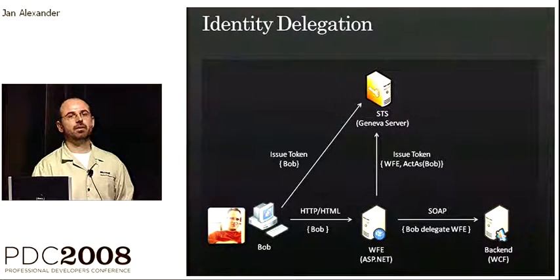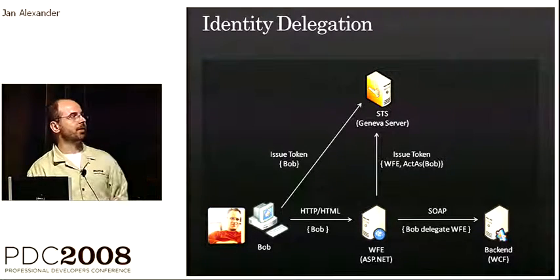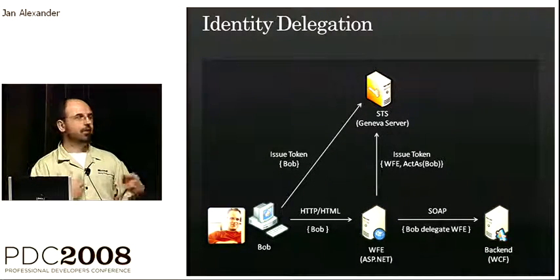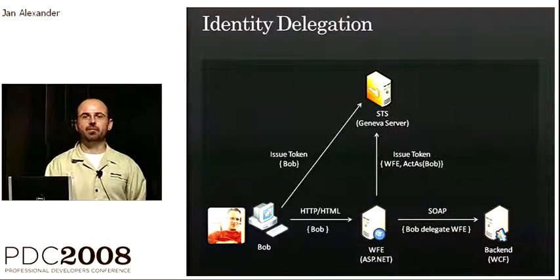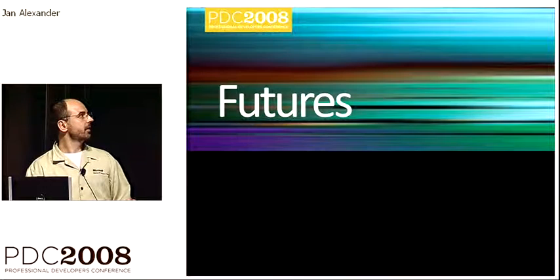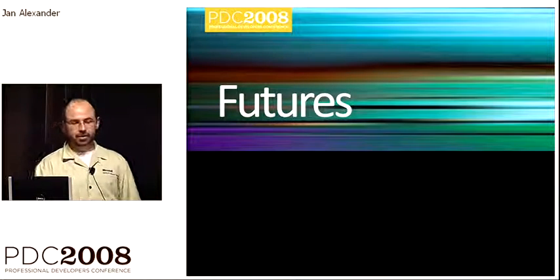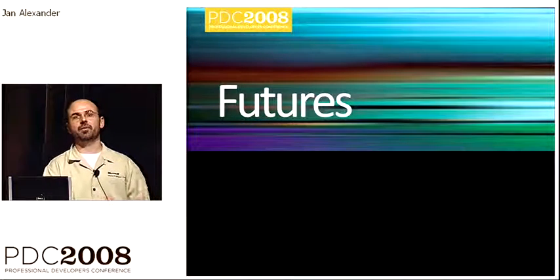But our plans are bigger than that. We can do better because we actually know Bob's identity as well, and we can restrict even for what users the web front end can delegate. OK, so that's pretty much what you have in the beta right now.